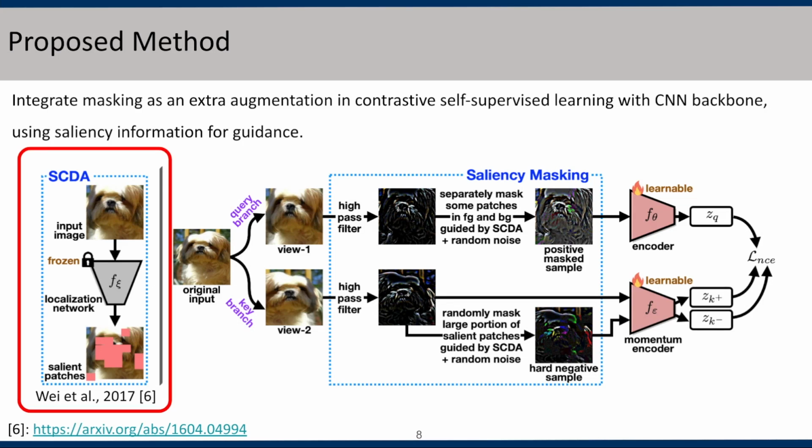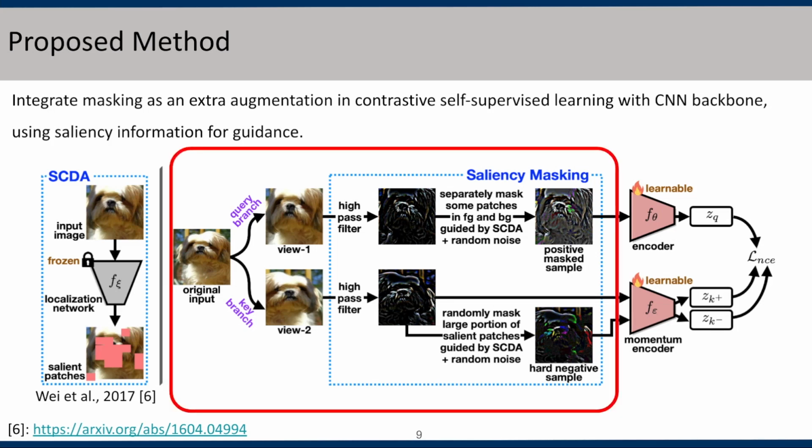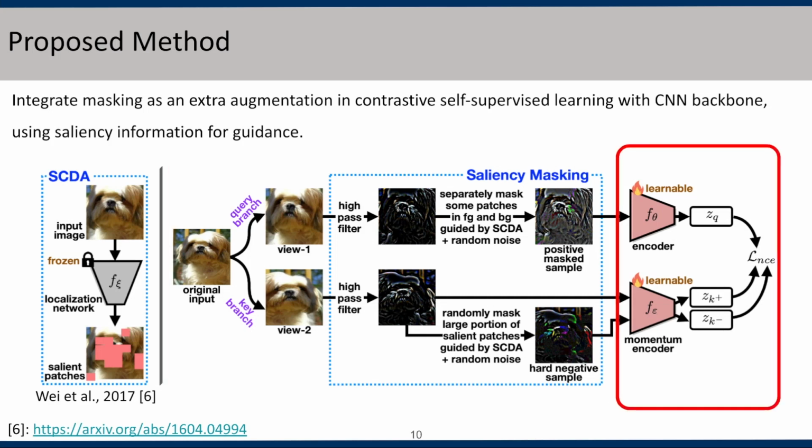This map, built upon SCDA, effectively separates foreground objects from the background in an image. Subsequently, our saliency-guided masking is applied to create positive and hard negative samples, leveraging the saliency information. Finally, these constructed samples undergo the feature encoder to compute the contrastive objective function LNCE.